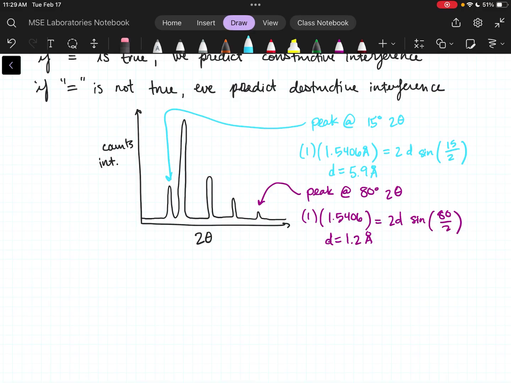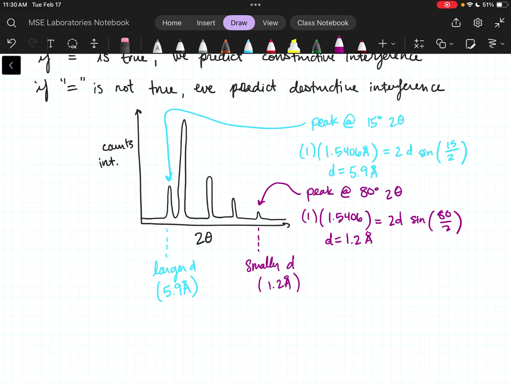If I were to label those on my screen, actually that's probably more like here. So you'll notice that this down here is larger D, 5.9 angstroms.